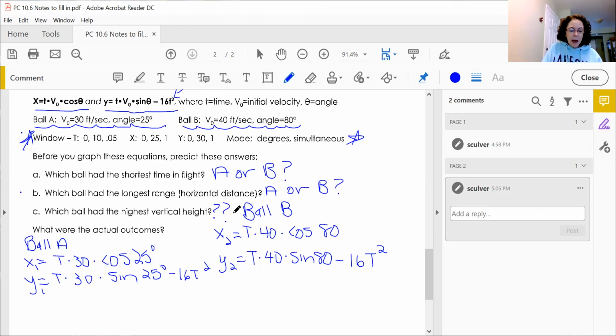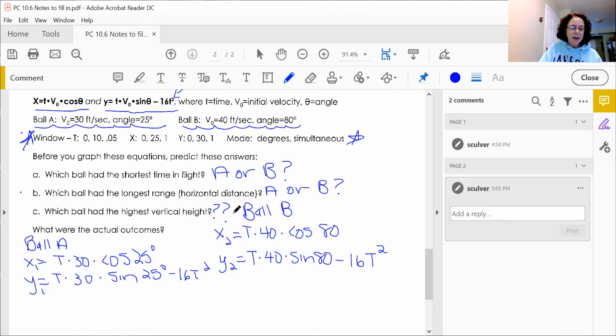Okay, so I am clearing out my X1 and Y1 right now. And on an X1, I'm typing what I see in the screen, right? So that's T times 30 times cosine of 25. Then for a Y1, I'm going to have T times 30 times sine of 25, minus 16t squared.